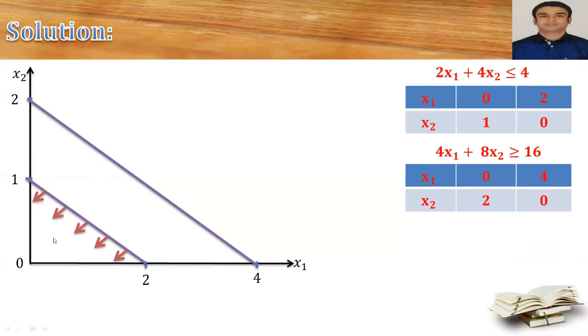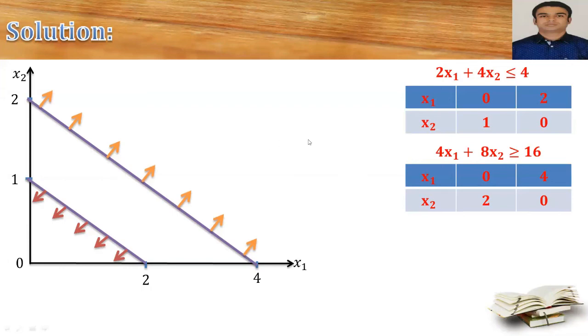Now for the second constraint equation, 4x1 + 8x2 >= 16, the area considered is on or above the line. Why? Because here the sign is greater than or equal to. So on or above the line.